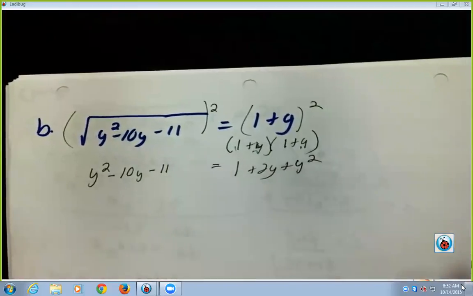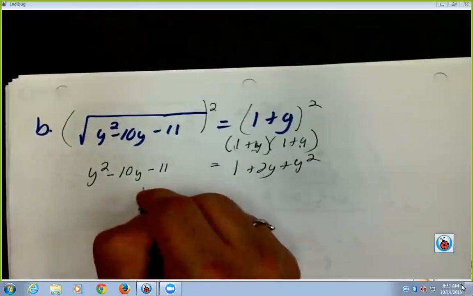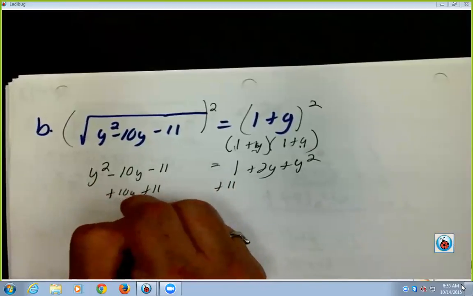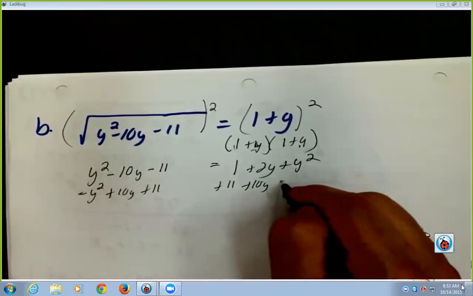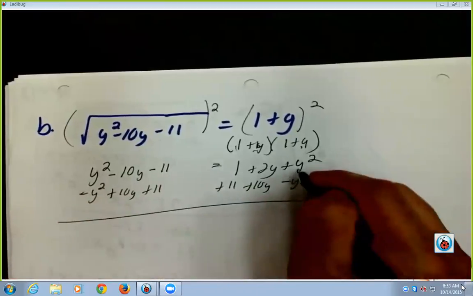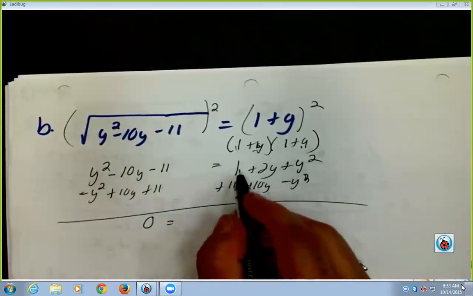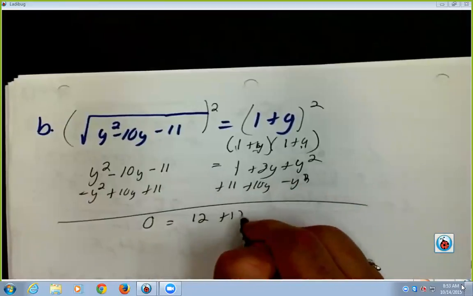So I am going to, well, I don't know, which way do I want to move stuff? Doesn't make really a difference in which way. So we'll move the 11 over. We'll move the 10y over. And we will move the y squared over, making a negative y squared. So 0, everything cancels that side, equals 1 and 11 is 12. 2y and 10y is 12y.